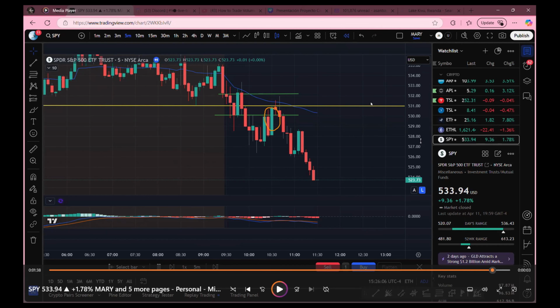No, you don't exit. Remember what I said. Remember, below the VWAP. Don't be scared, because you know why? You've got to keep in mind you are now in consolidation. Once you see red, green, red, green, red, that's consolidation.